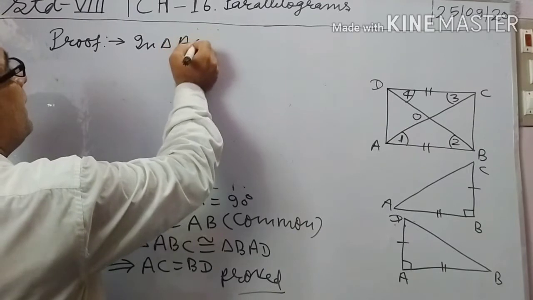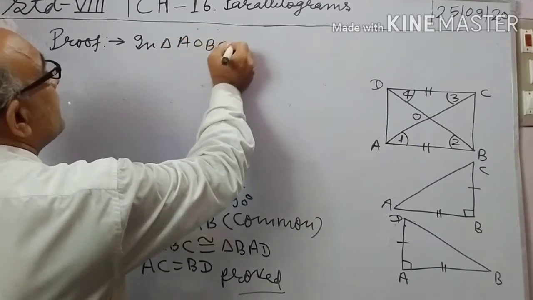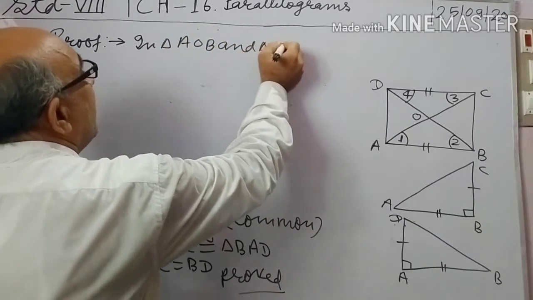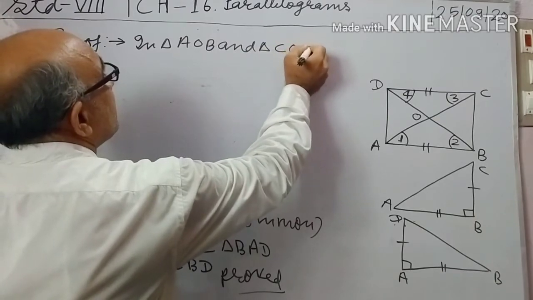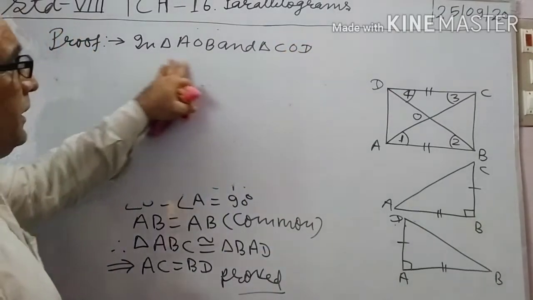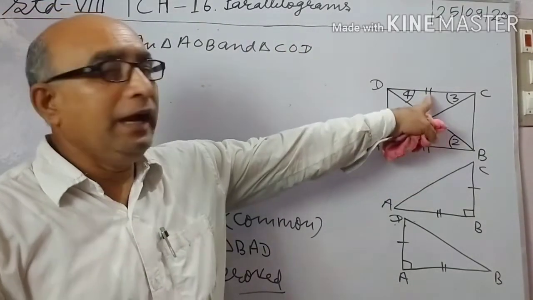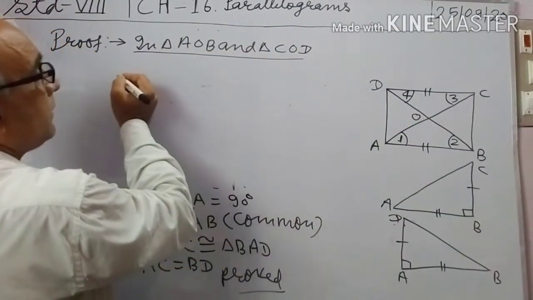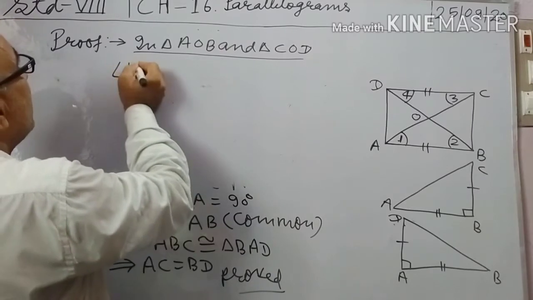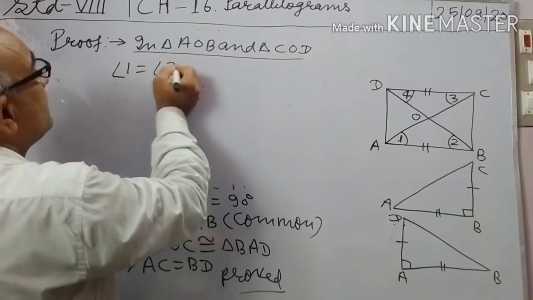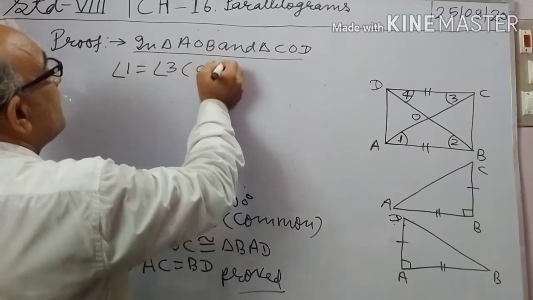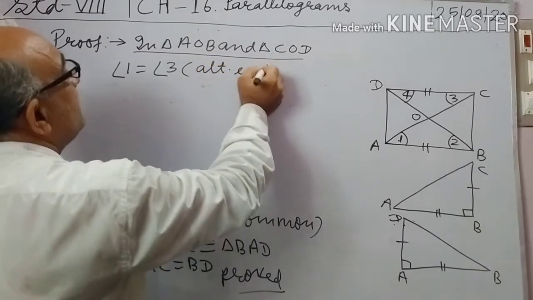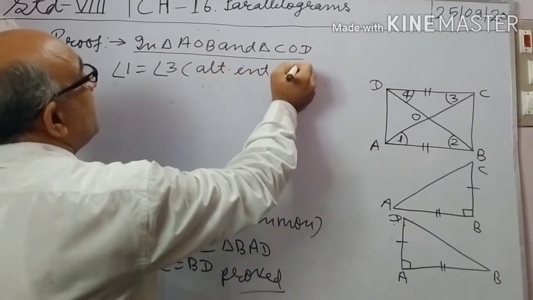in triangle AOB and triangle COD. Angle 1 equal to angle 3, alternate interior angles.